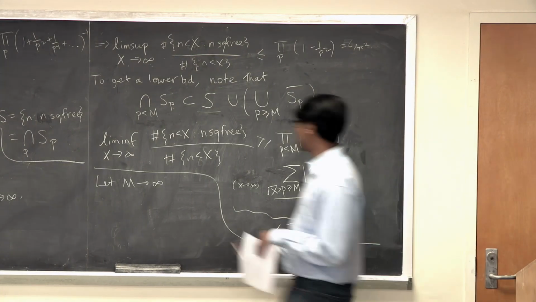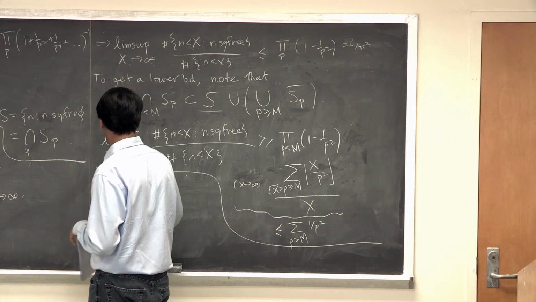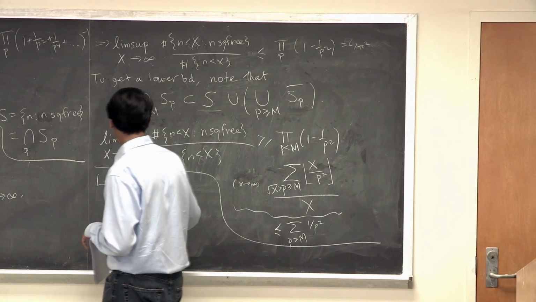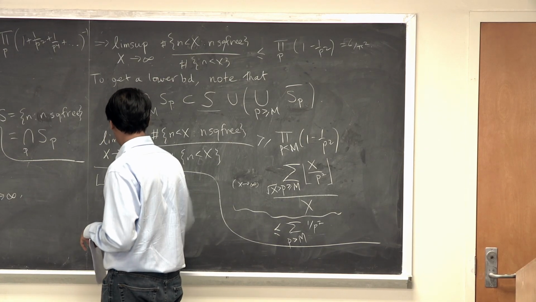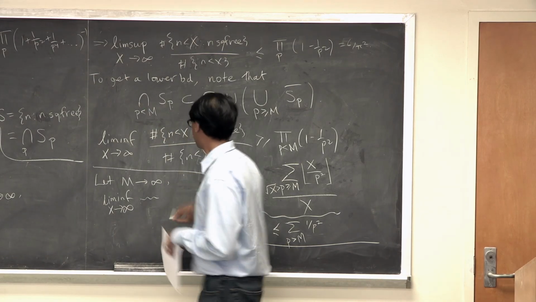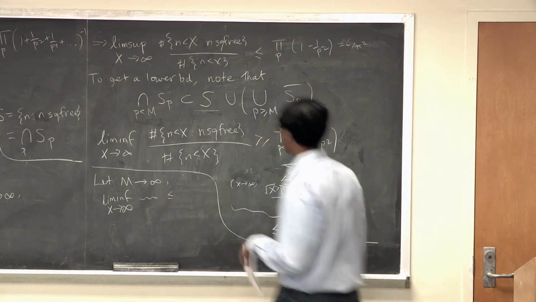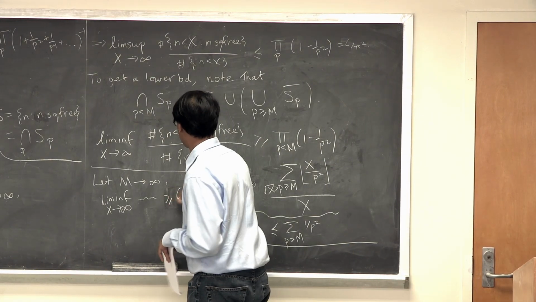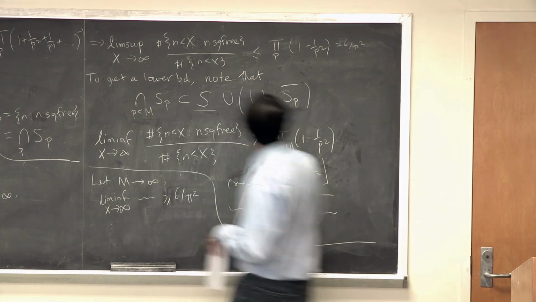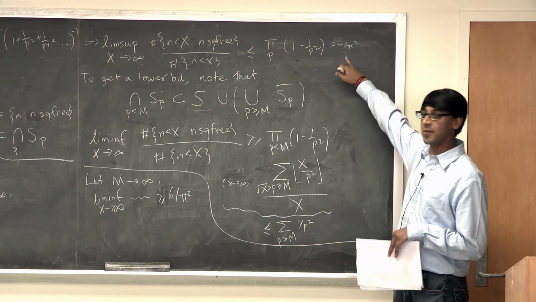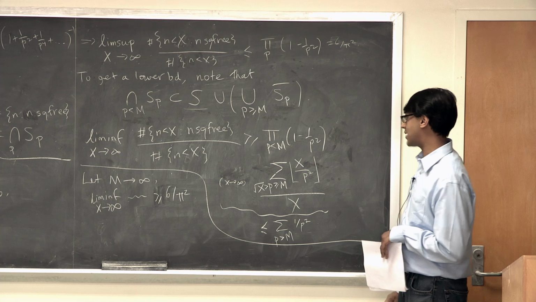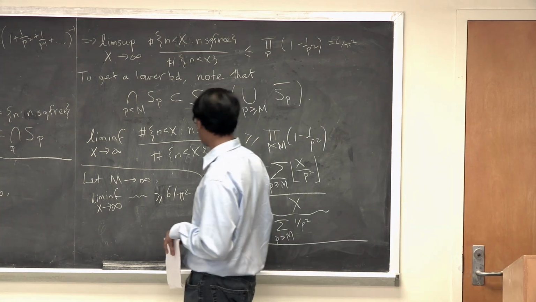So letting m go to infinity shows that the lim inf of the thing we wanted is greater than or equal to 6 over pi squared. Combined with the fact that the lim sup is less than or equal to 6 over pi squared, that shows that you actually have equality. So the density of square free numbers is actually equal to 6 over pi squared.